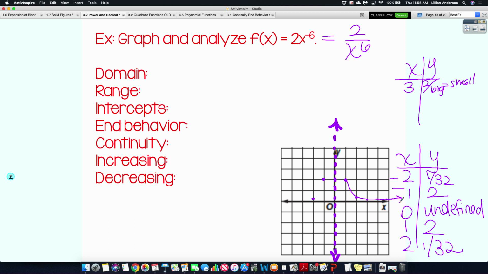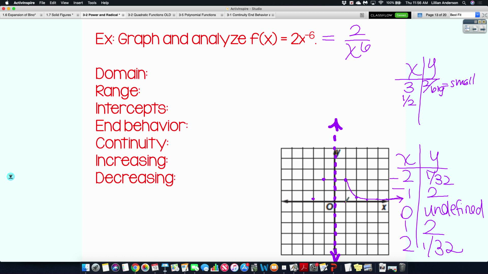But what if I plug in 1/2? 1/2 is in between 0 and 1. 1/2 to the 6th power is what? Well, what's 2 to the 6th power? 64.